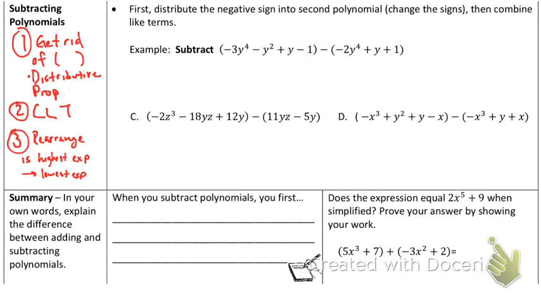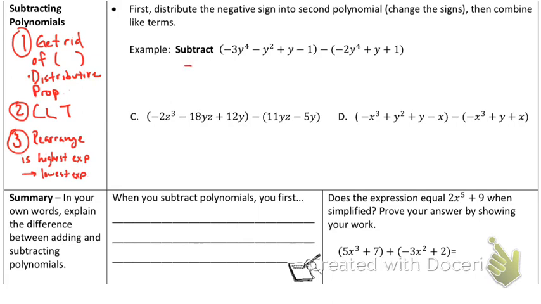First step we want to do here is get rid of parentheses. If you look at our problem here, we want to look in this area if there's anything to distribute besides a +1. And since there's nothing here, we can just rewrite this without parentheses. So that's what I'm going to do for the first polynomial.